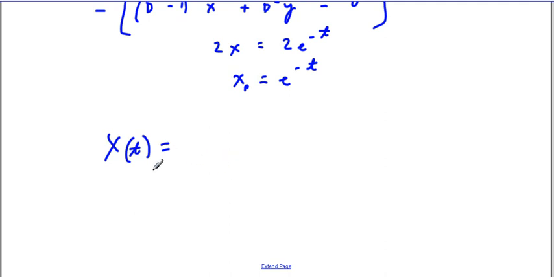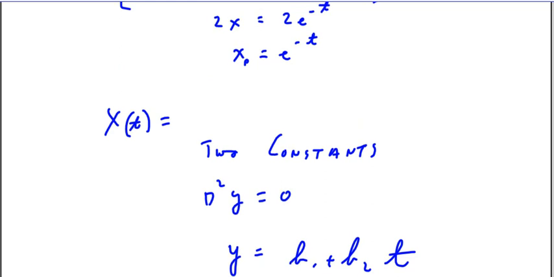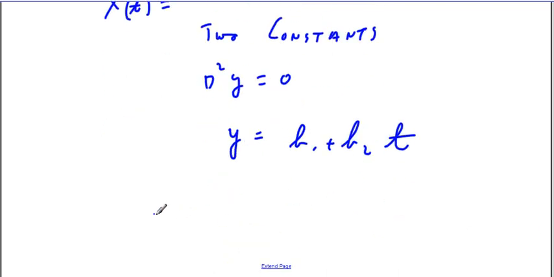All that we really care is that there are two constants for the problem. Because D squared y is equal to 0. So y is going to have to be b1 plus b2 t. And, okay, well, the bottom line is two constants.